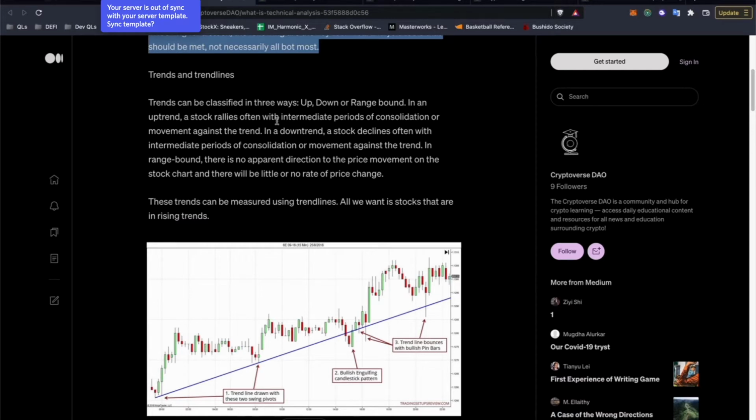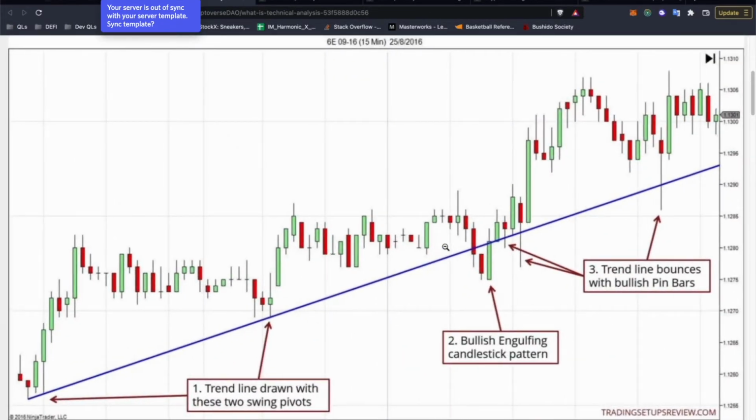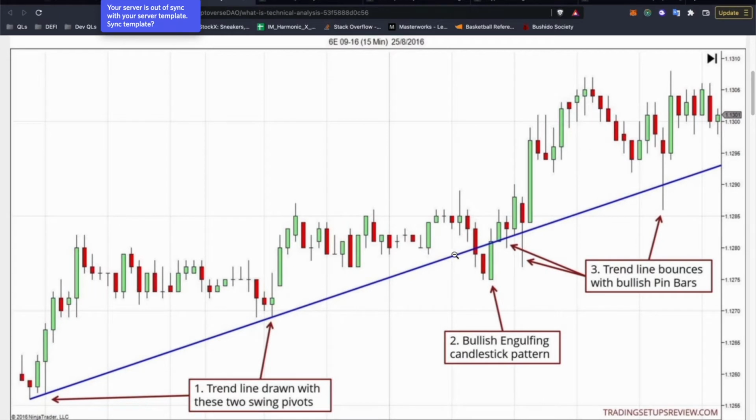In an uptrend, stock rallies often with intermediate periods of consolidation or movement against the trend. In a downtrend, again, there's not really a lot of downtrends in this specific one. Imagine this graph was flipped horizontally.